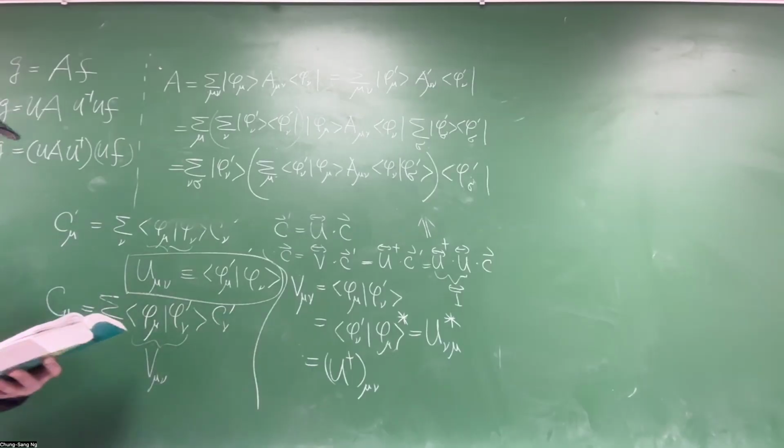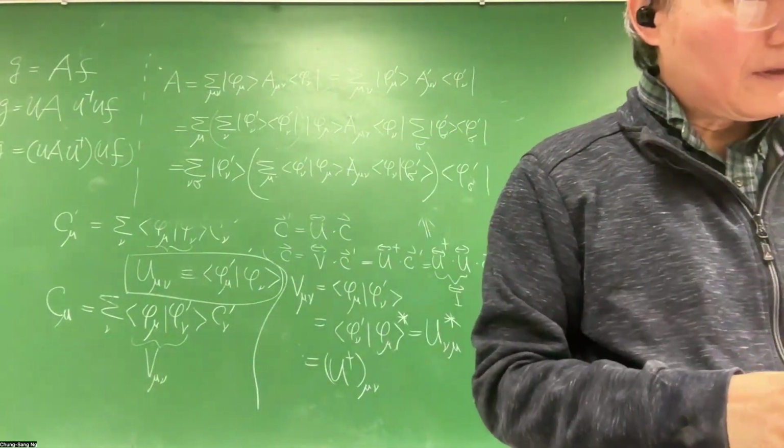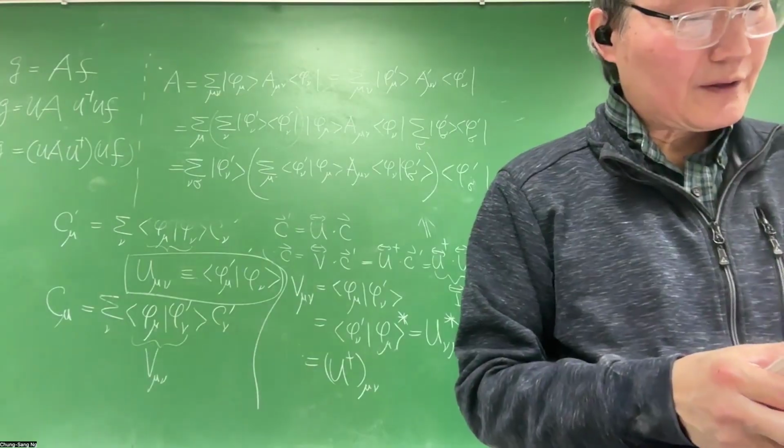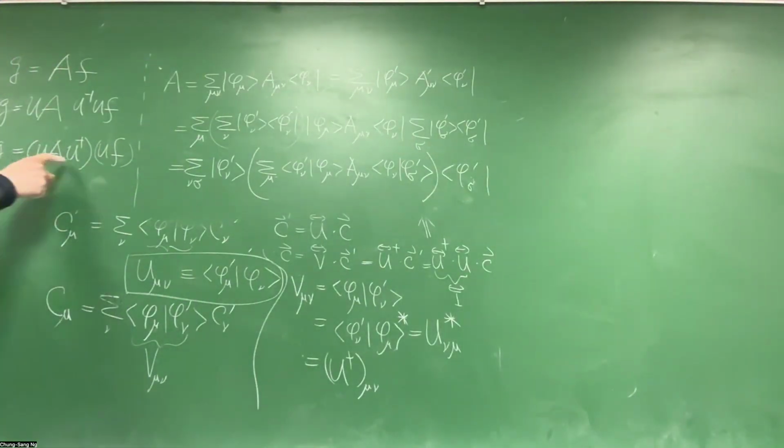As a final remark in this section, sometimes we multiply by the inverse, and then we change the inverse to the dagger by the property that U is unitary. But sometimes we just stay with this. If U is not unitary, U inverse is not U dagger, so we just stay with this.